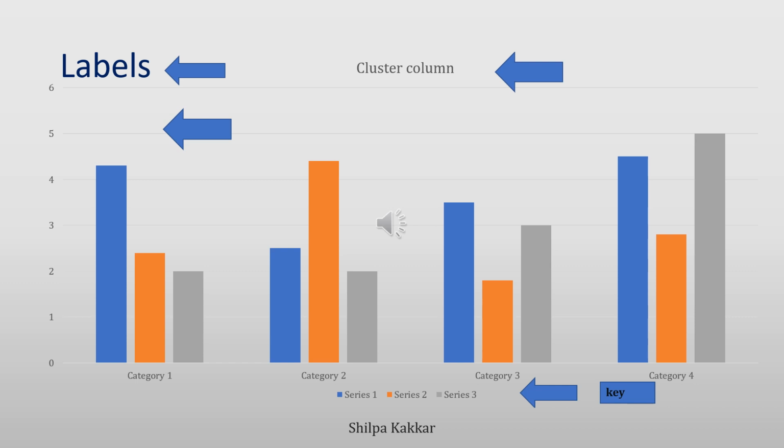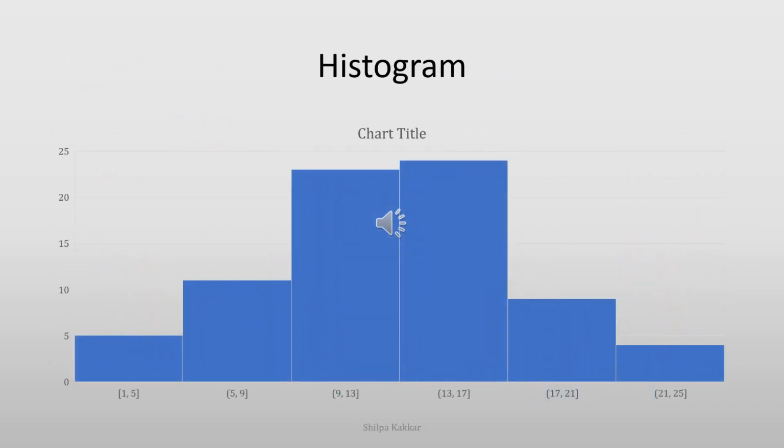Another example is the histogram. A histogram is another type of chart. Like histogram and cluster column, we have line graph, we have map graph. They tell about different things. So there are a number of graphs.